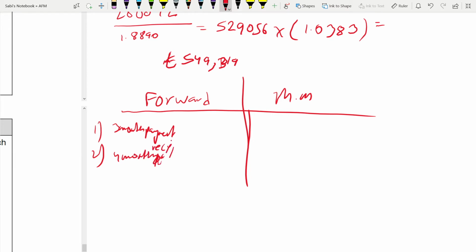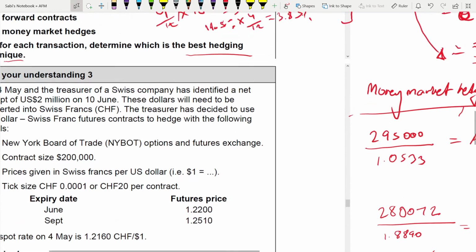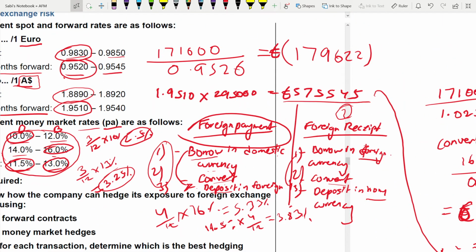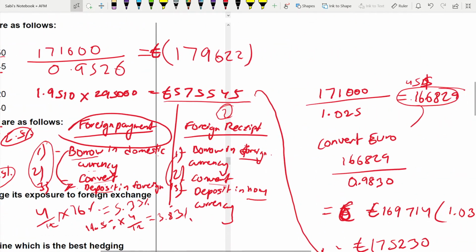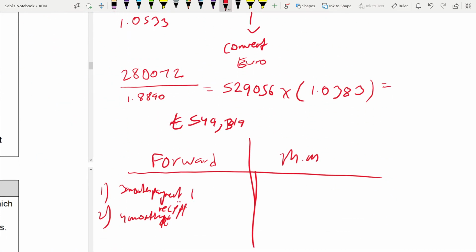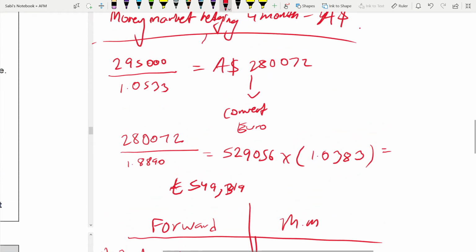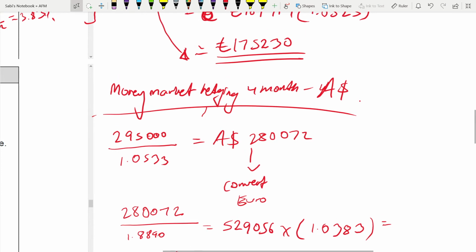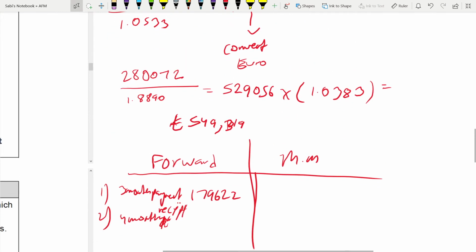Everything will be in euro because euro is the home currency. So what is the 3 month payment using forward? It was 179,622. In the money market hedging, it was 175,230. All these are in euros, okay?